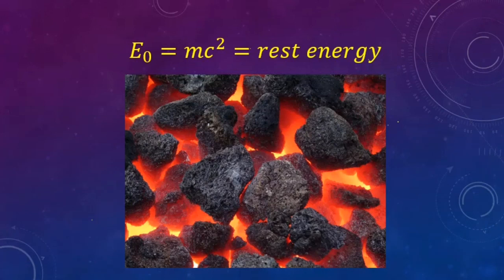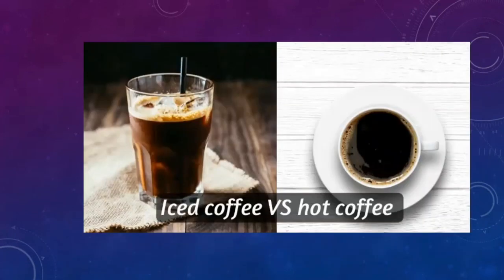Another example: if we consider an iced coffee and a hot coffee, the hot coffee will actually have a higher mass compared to the iced coffee. However, it is so small that we can no longer observe it, only 1 part in a billion. Again, to reiterate, the mass of an object is not necessarily equal to the sum of the masses of its parts. So that is what we mean by rest energy and rest mass.